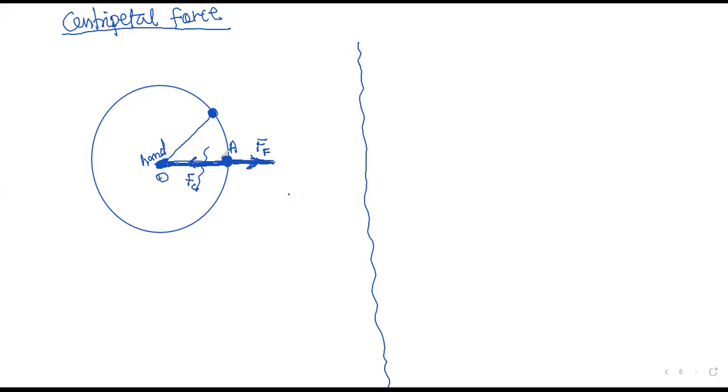So in the case of a stone tied to a string and whirled, the centripetal force is provided by the tension within the string. So when you cut the string, the tension is no more. If the tension is no more, then the centripetal force is no more.